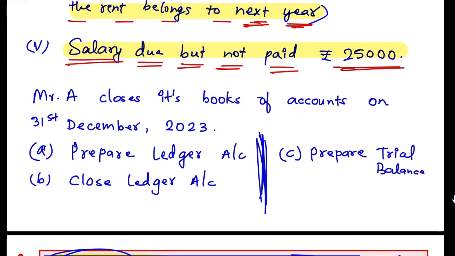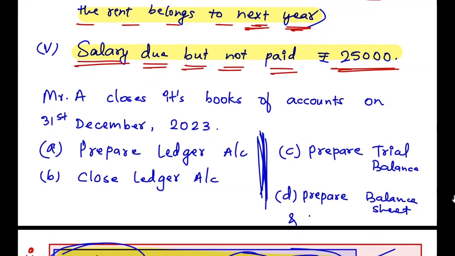Again, this is yet to be covered. And the last part, prepare balance sheet and profit and loss account. Or I would say, prepare balance sheet and trading and profit and loss account.